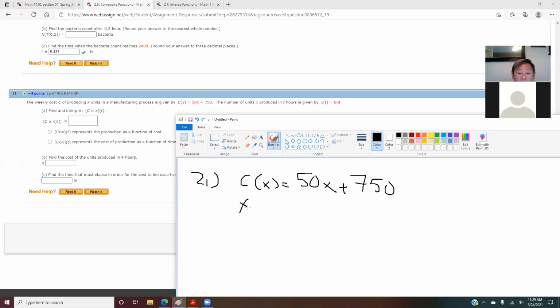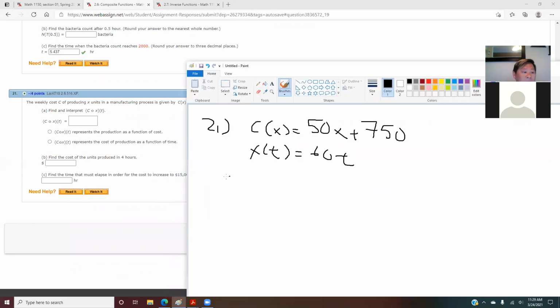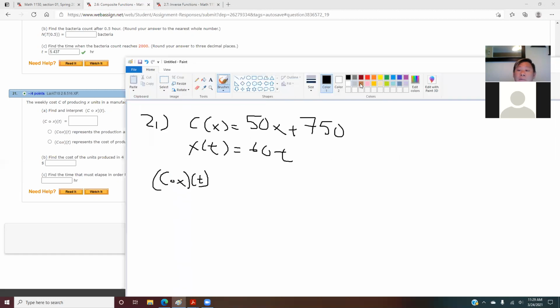And this units produced is also based on time, and it is 60T. And T in this case is hours. So this question is again asking for C dot xt. This is very similar to what we just did. So how do we find C dot xt in this case?